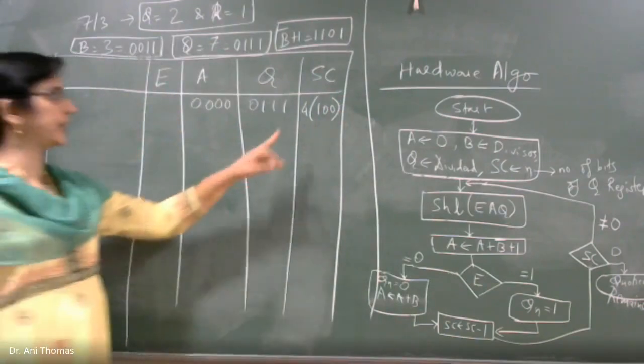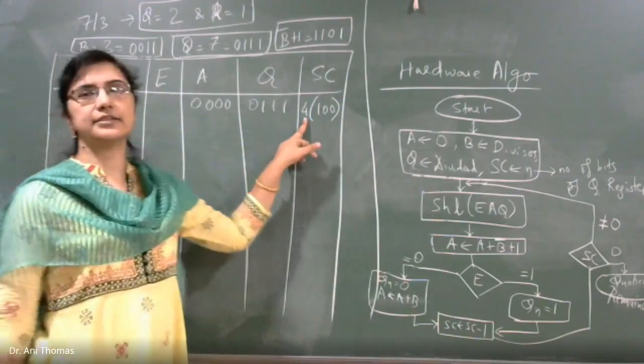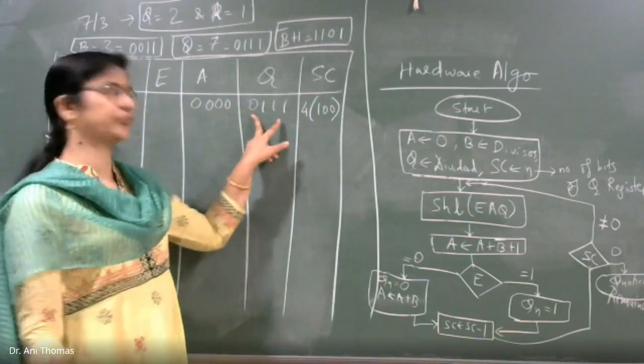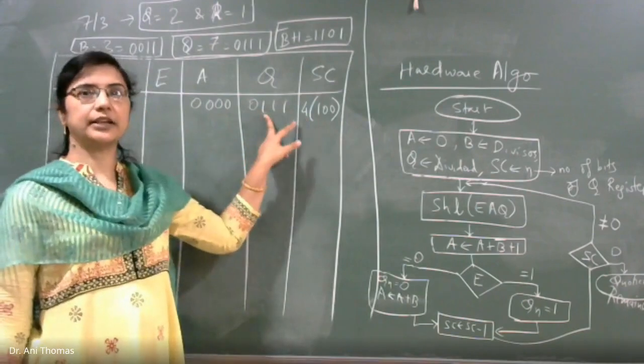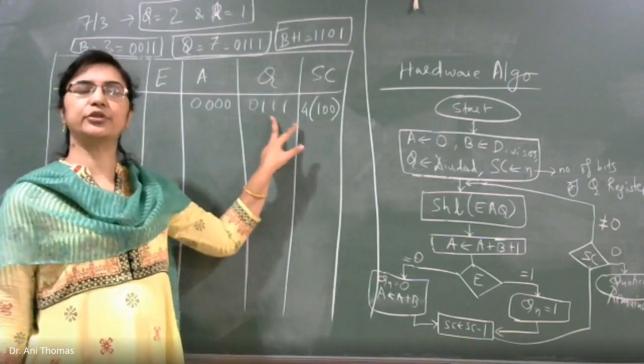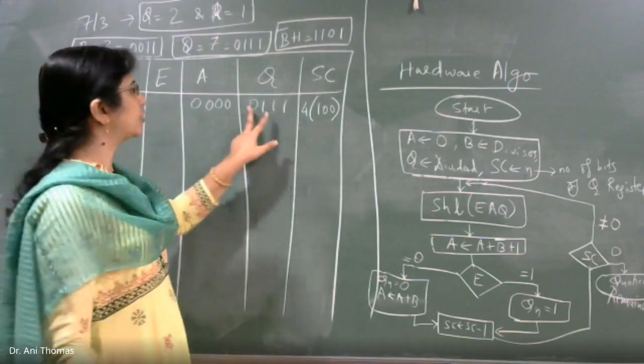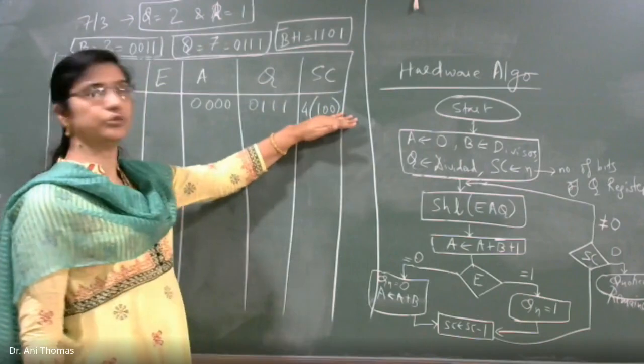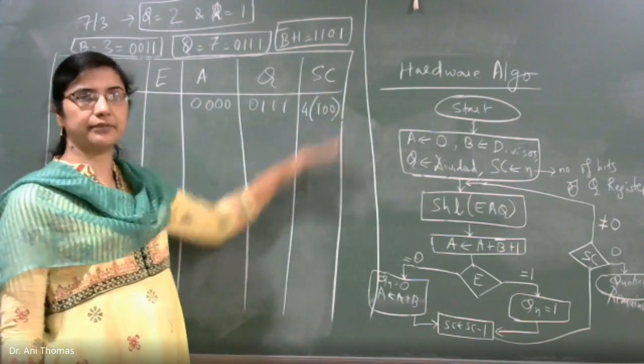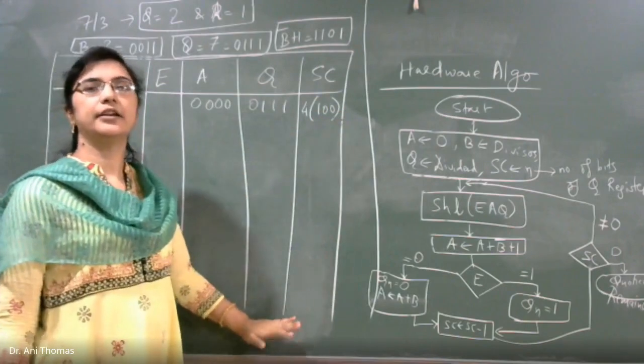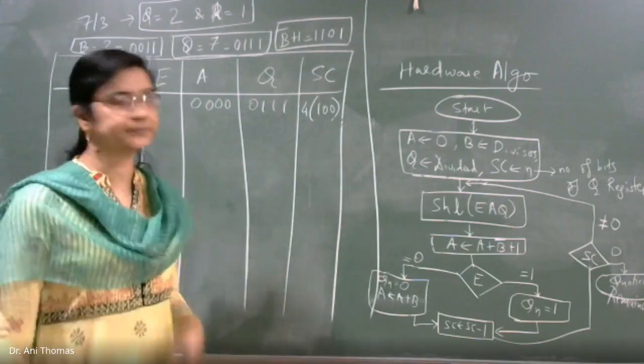That depicts the 4 digits of the Q register. Every time it will be decremented, and on reaching 0 we will stop.